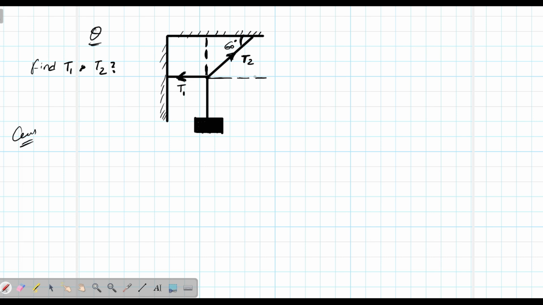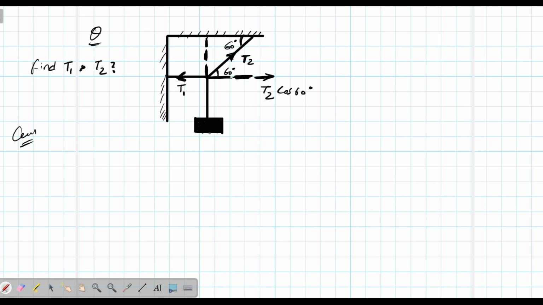Find T1 and T2. If this is 60 degrees, this is also 60 degrees.